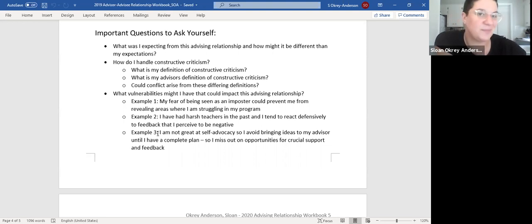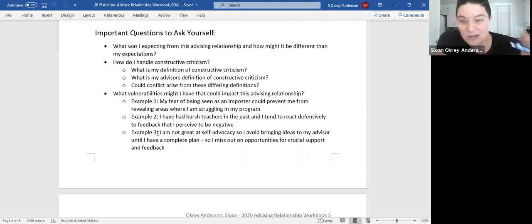It's also really important to ask yourself questions about where you're coming from, what your vulnerabilities are. How do you handle criticism? How good are you at advocating for yourself? How do you handle confrontation or the need for confrontation? Those are all really important things to know about yourself, and to compare those answers to what your advisor is telling you about themselves.